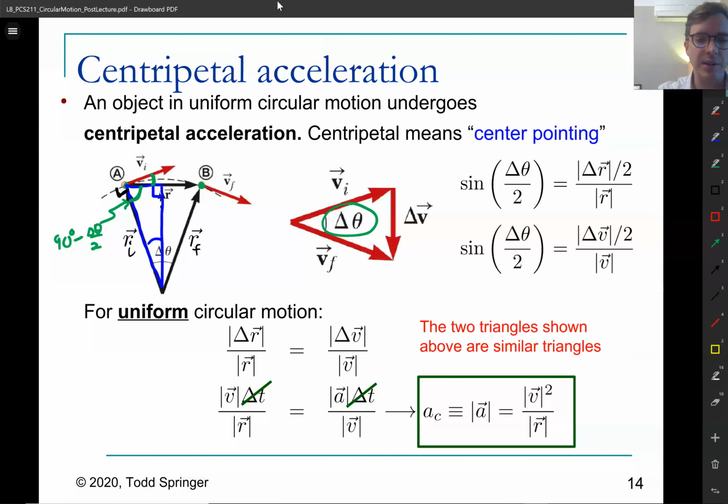The green one is 90 degrees minus delta theta over 2. But we said before that the velocity and the radius are perpendicular. So if the green angle is 90 degrees minus delta theta over 2, this one, in red, will also be delta theta divided by 2.